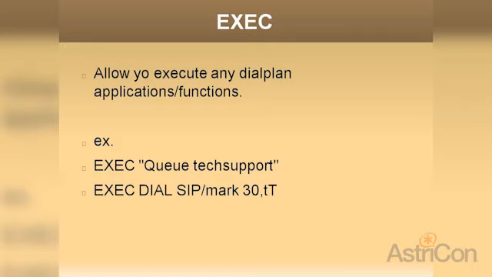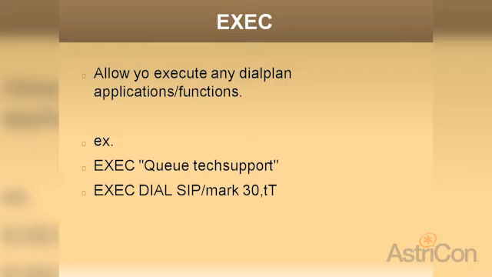Now your question will be, yeah, but if I'd like to use a specific Asterisk application that was not listed when I did my AGI show commands? Don't panic. You can use the exec command. For example, there's no AGI command called queue, but there's an app Queue available in the dialplan.